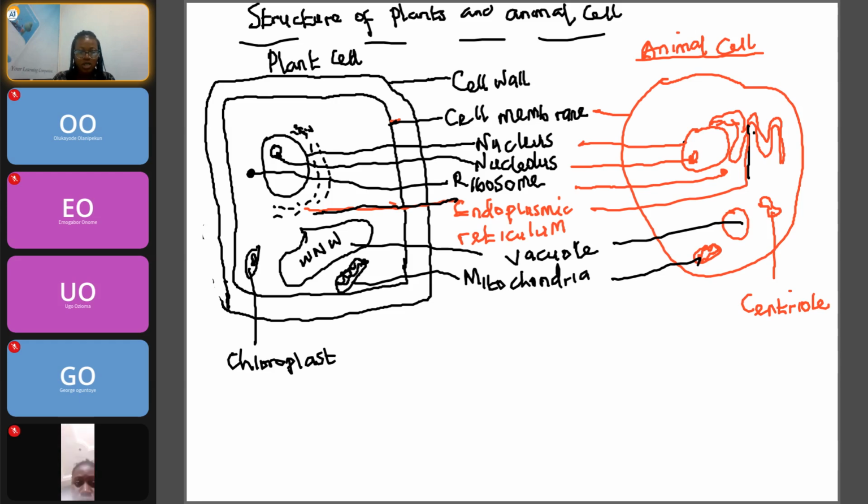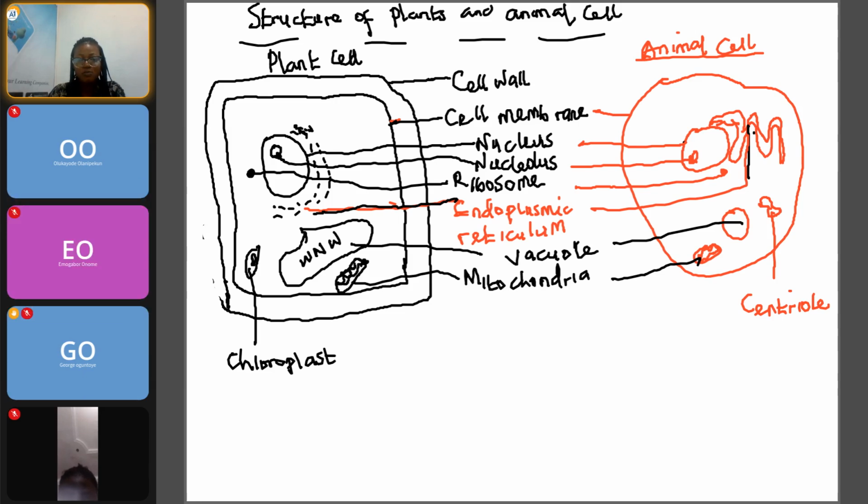And of course, animal cell does not have chloroplast.